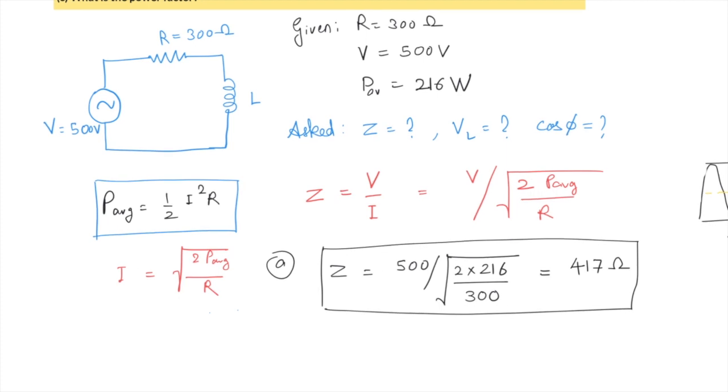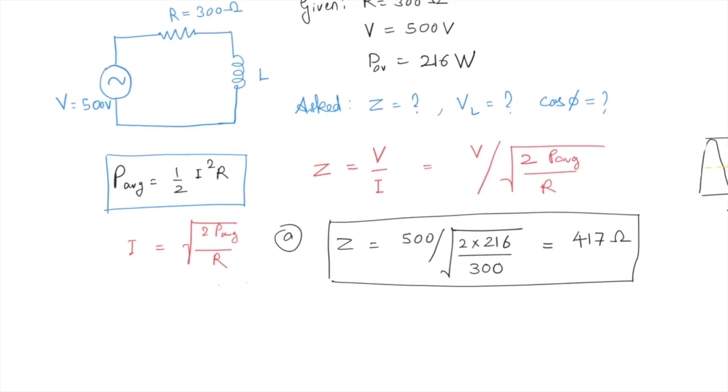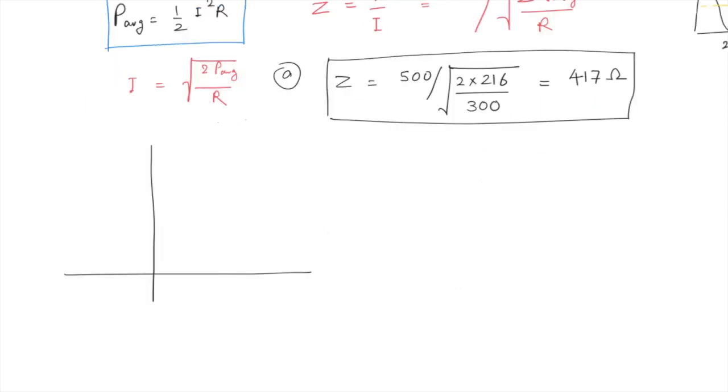Now if you recollect our phasor diagram for L, C and R, so now if we look at the phasor diagram for the LR circuit, then we know that the voltage across the resistor and current are always in phase.